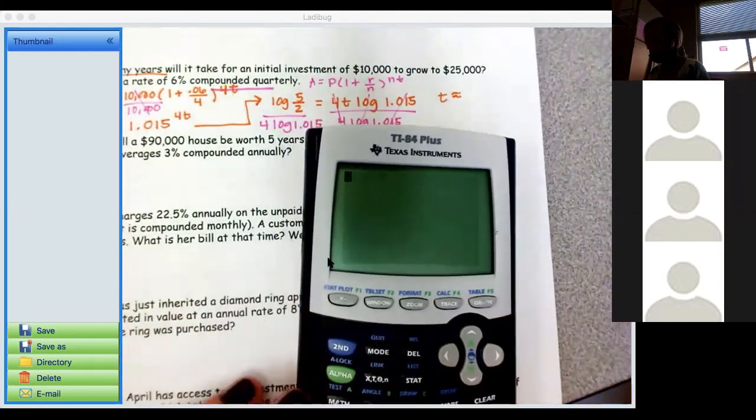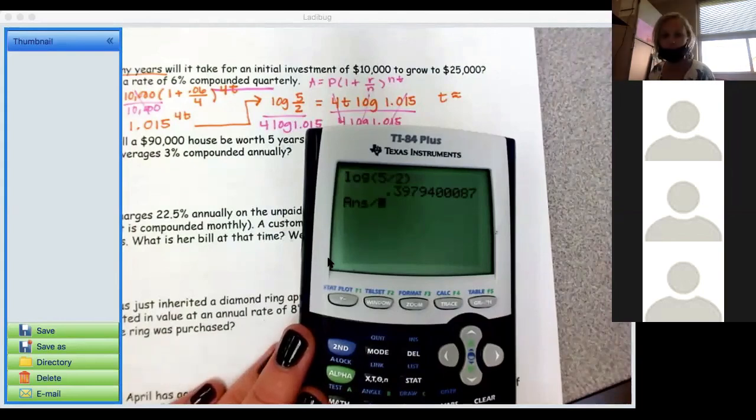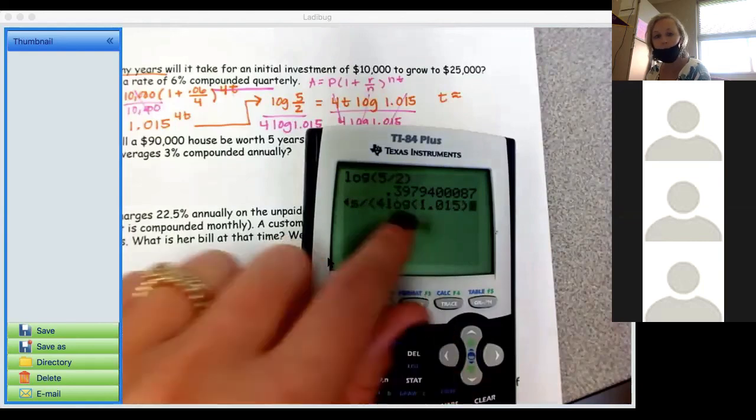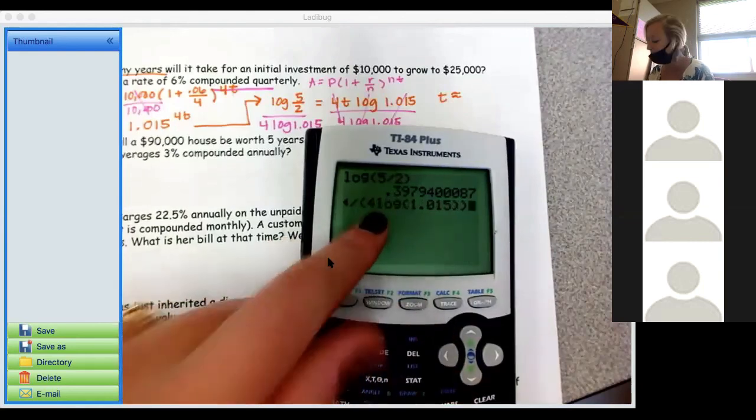So we've got the log of 5/2 divided by parentheses, because I want to divide by the whole bottom. So I'm going to use parentheses. 4 log of 1.015. And I'm going to close the log argument and close the denominator parentheses.